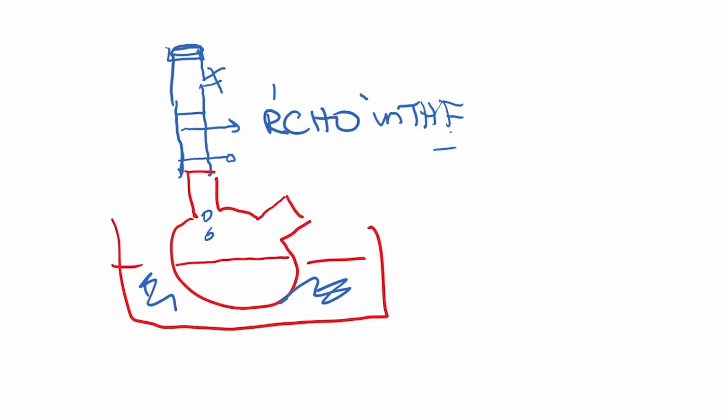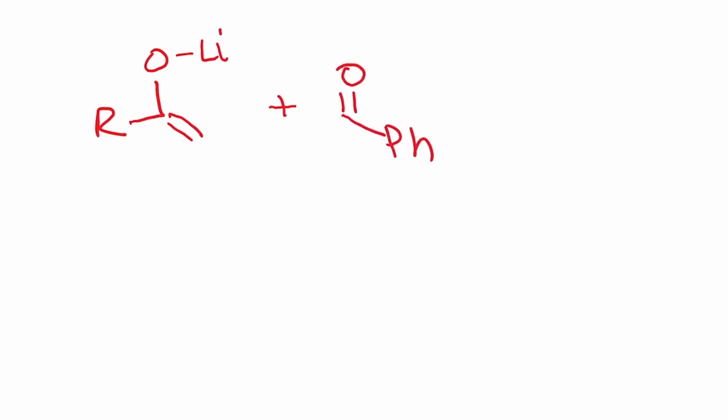Okay, now let's go to what reaction we are talking about. So the reaction here is ROLi. So let's say we start with benzaldehyde. So you can have the attack of the carbonyl on this position like this, and you get the following.